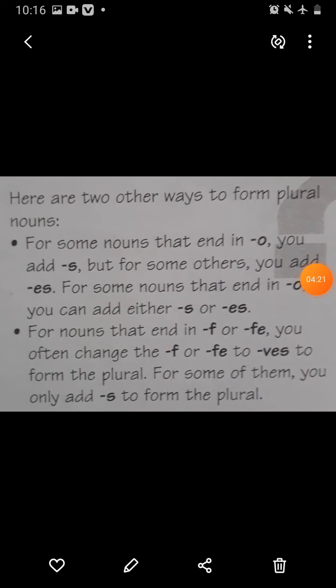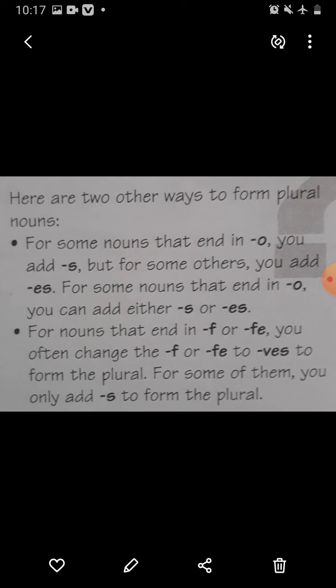Now number 2 is for nouns that end in F or FE. You often change the F or FE to VES to form the plural. For some of them you only add S to form the plural. Now here I told you that for nouns that end in F or FE, you often add VES to form the plural.